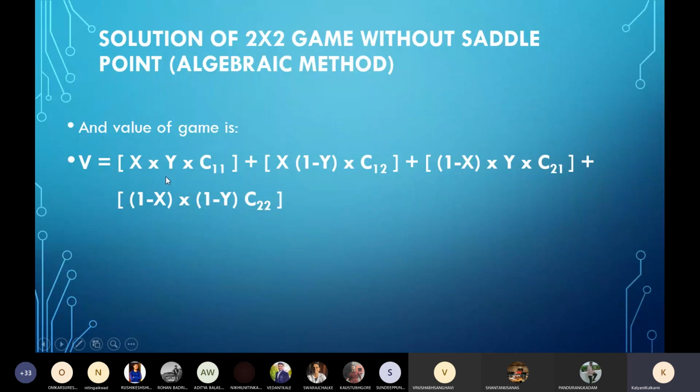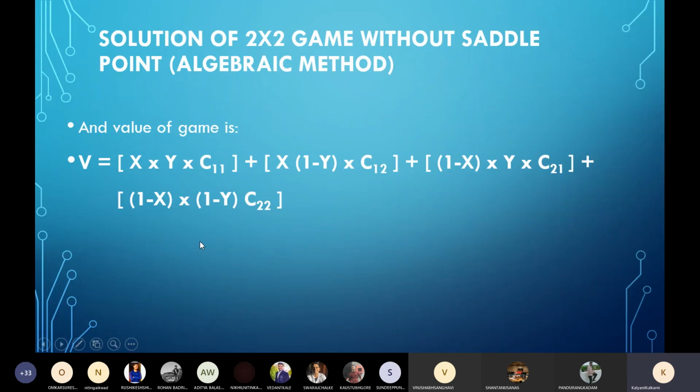Okay, simple equation. In the first bracket you get x and y as it is and the first element c11. Second bracket, x as it is multiplied by 1 minus y into the second element c12, plus third bracket, keep y as it is multiplied by 1 minus x into c21, that is the third element, second row first column, plus the fourth bracket, 1 minus x, 1 minus y into the fourth element c22.